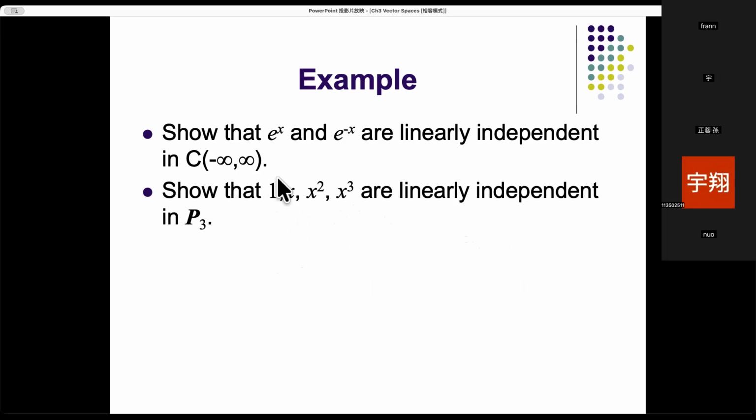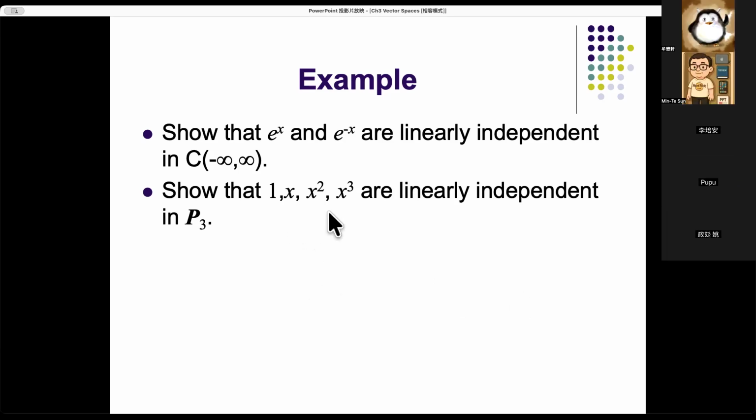Once a is 0, the first term is gone. So it becomes bx plus cx squared plus dx cubed equal to 0. Again, you can apply a similar technique: just plug in some numbers, and you can solve for b, c, and d to be all 0.